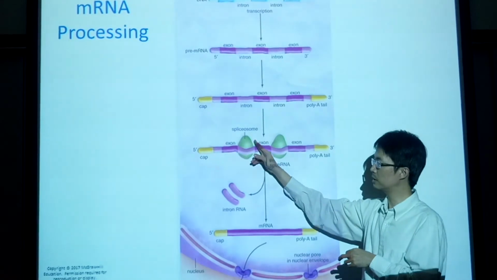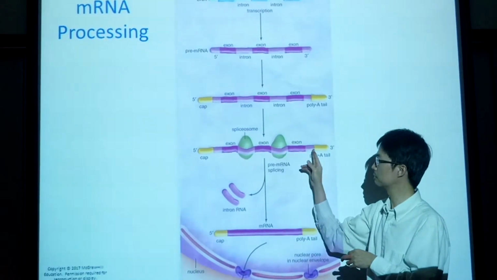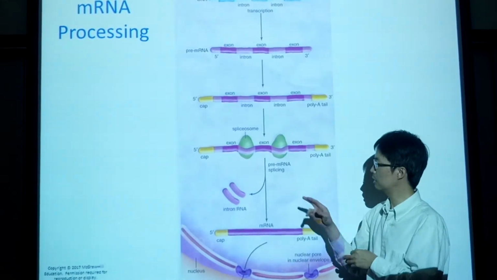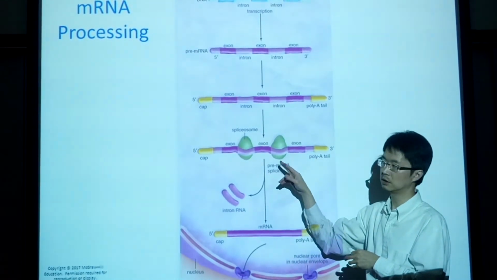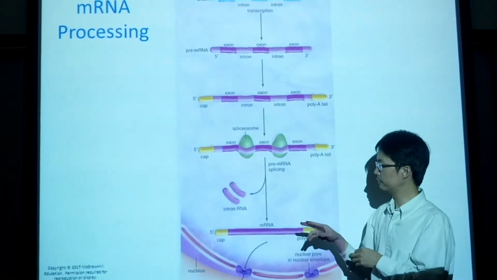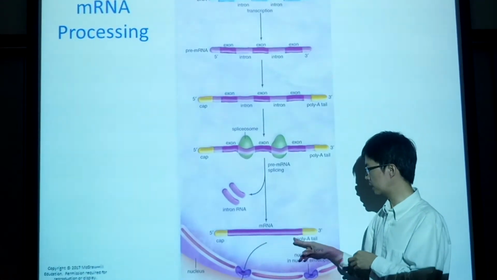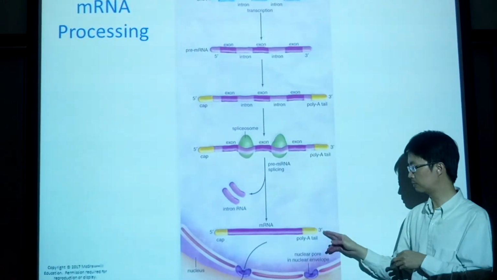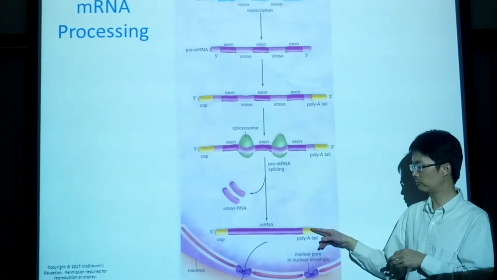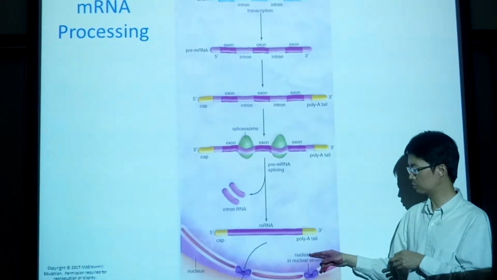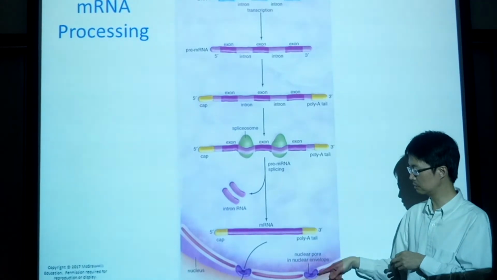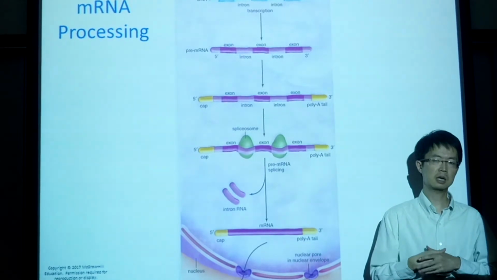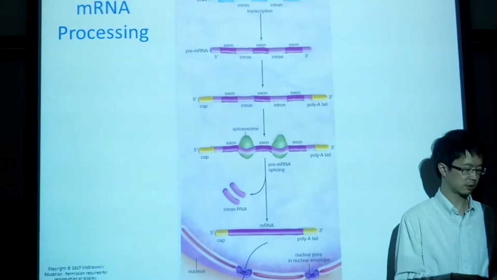The spliceosome will remove the intron, and we call it splicing. It's like cutting it out. After this, the mature messenger RNA will contain exon only, and the guanine cap and the poly A tail, and it is now ready to come out from the nucleus through the nuclear pore to go to the cytoplasm. When you go to the cytoplasm, then you can start the translation process.